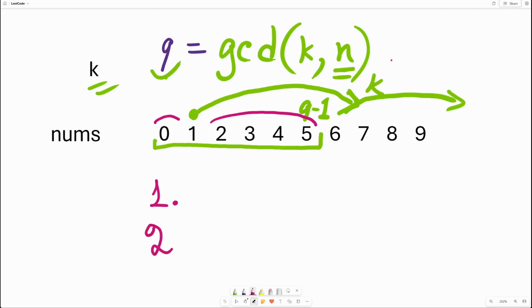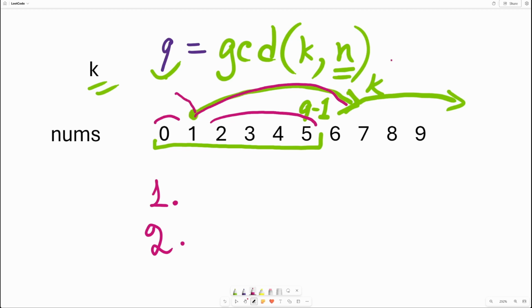My second claim will be that this jumping will eventually come to an end, in the sense that I'm going to repeat myself, and the first repetition will happen where I started. Okay, this is the starting point, and I will eventually end up here. That will be my first time when I repeat myself.